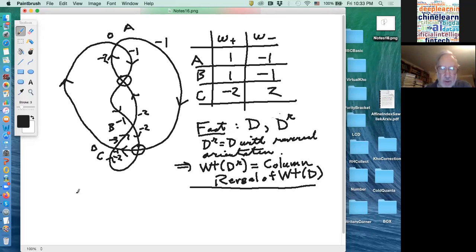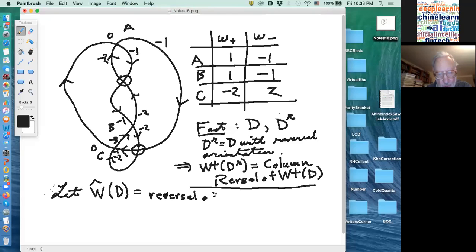Now, suppose, so let's see, let's make a notation so that we can say what we want to say. Let W hat of D be equal to the reversal of W of D, okay?